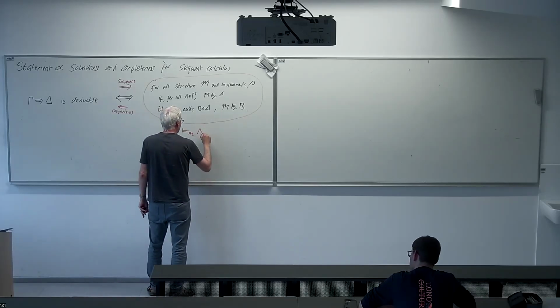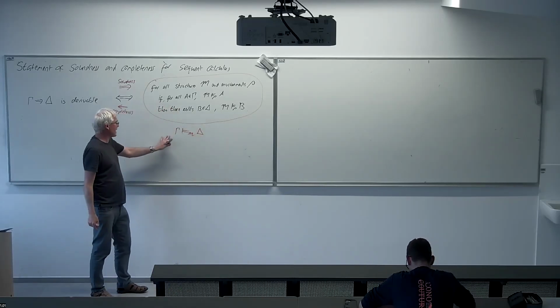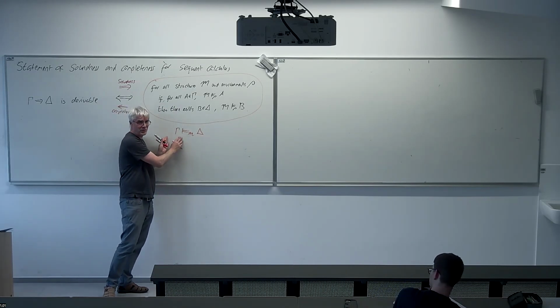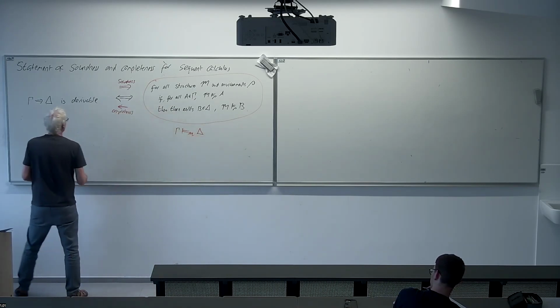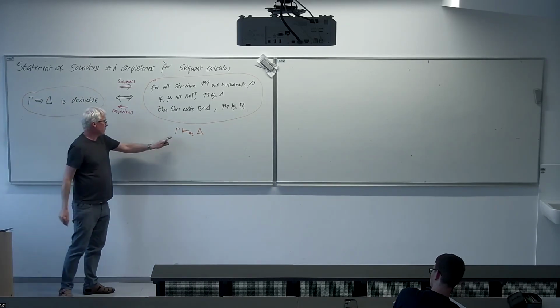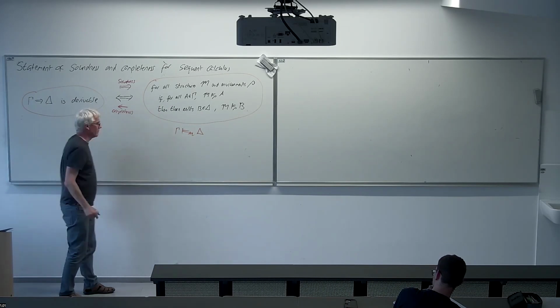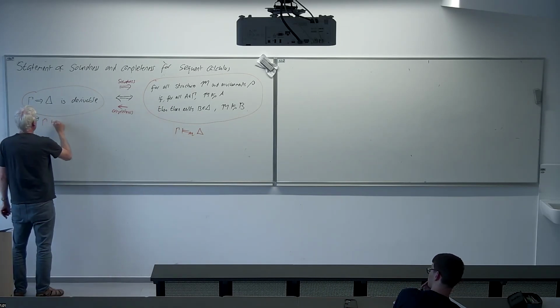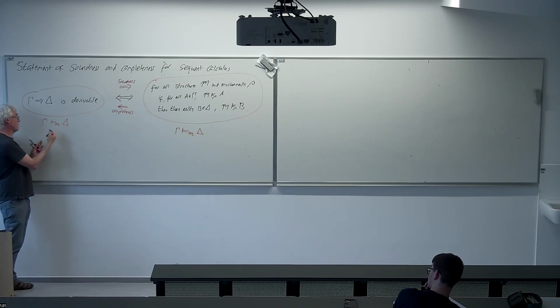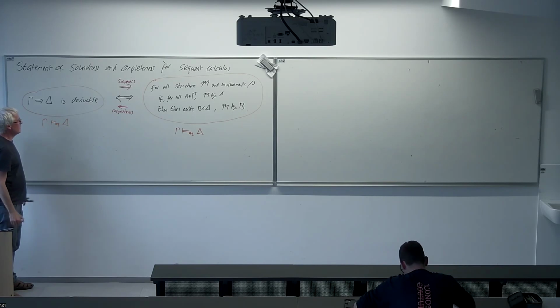This means gamma entails delta, where gamma is interpreted as a conjunction and delta is interpreted as a disjunction. Here we're going to have an analogous notation using the proof theoretic version, the consequent symbol. So here we're going to write gamma and delta. So delta is derivable from gamma, in the sequent sense, meaning this.